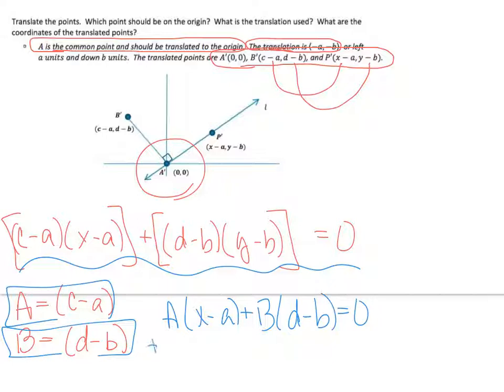So this right here is the equation of the line through A perpendicular to segment AB. That's what this line is. So go ahead and jot that down. Okay, we'll do something with it.